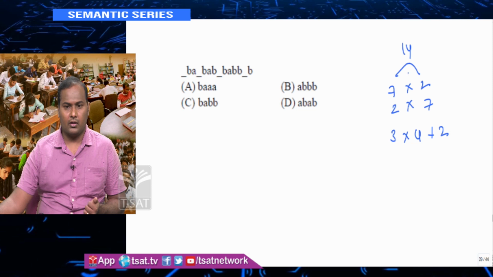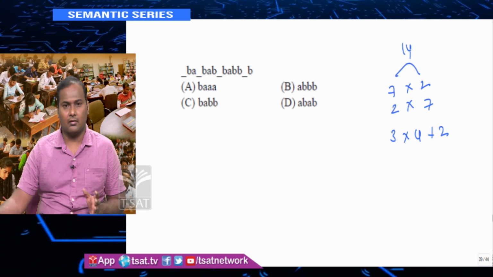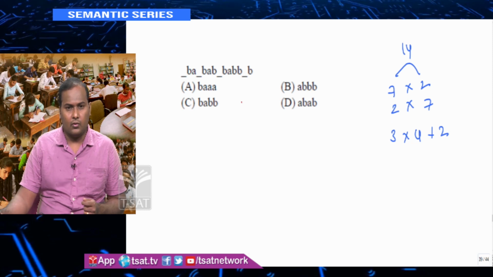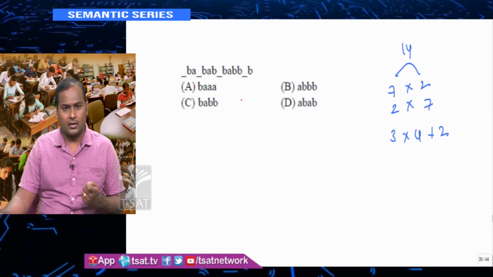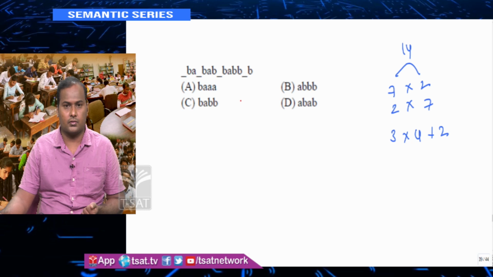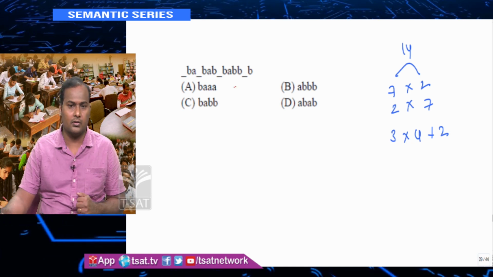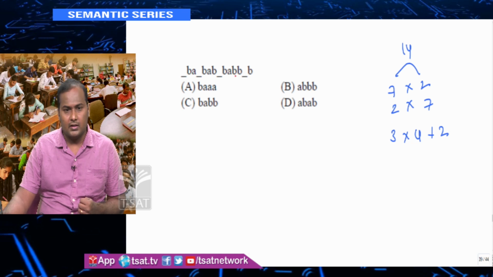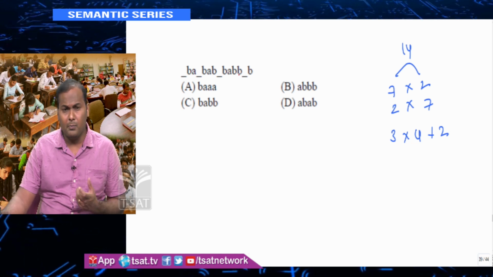So instead, whenever it is not following the traditional way of blocks, look at the question once. What is the key idea that you will get from this question? If you see here, the key in this case is B's. How many B's are repeating?